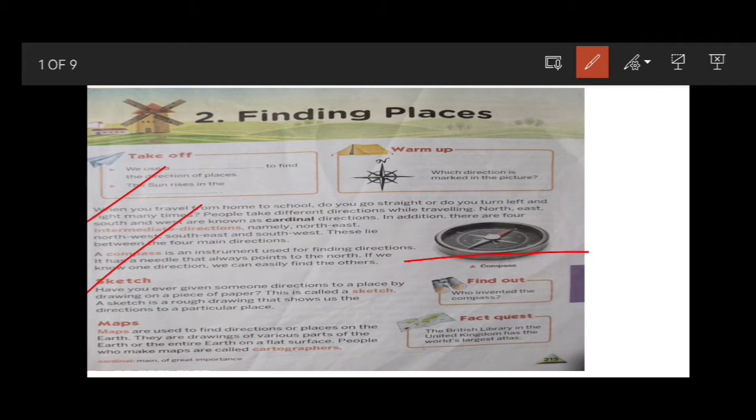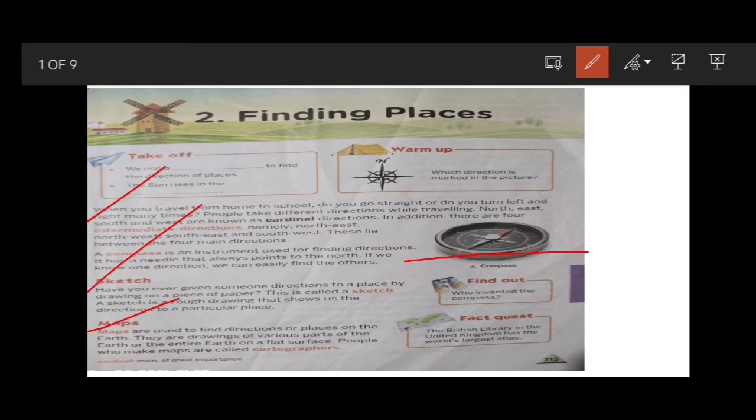For example, if you want to show someone the direction from your home to school, you can draw roughly on a piece of paper and show how one can reach from your home to your school. That is called a sketch.